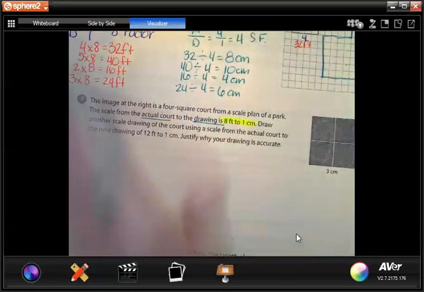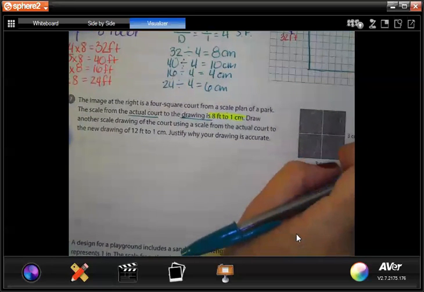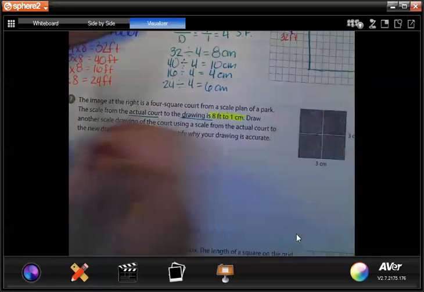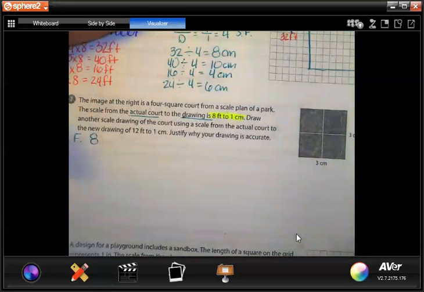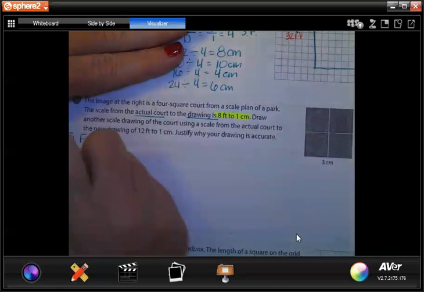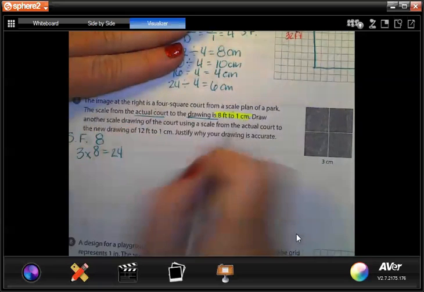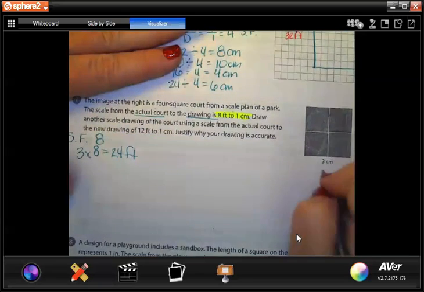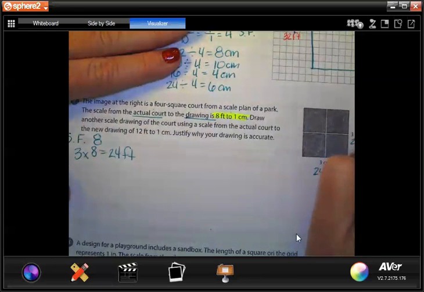Okay, so what we know is when we convert this to find our actual 4-square thing, we're going to use our scale factor of 8. All right, so let's go ahead and find the actual measurement. So we're going to go 3 times 8, which is 24. 24 feet. So what that means is that this is actually 24 feet and this is actually 24 feet.